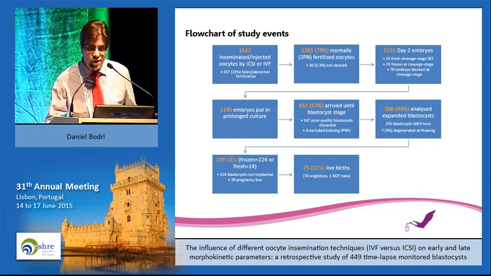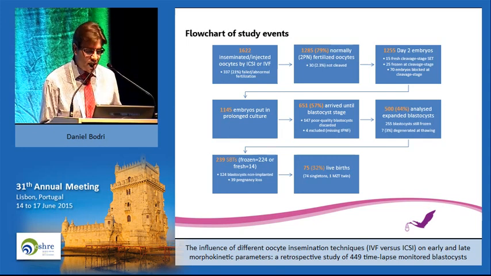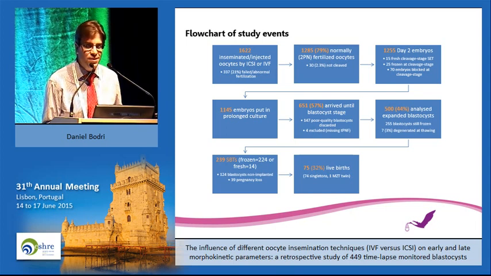This detailed flowchart shows how we have arrived at the previously mentioned sample of 500 expanded blastocysts. More than 1,600 eggs were inseminated or injected with standard IVF and ICSI, respectively. ICSI was used in 71% of the fertilizations.